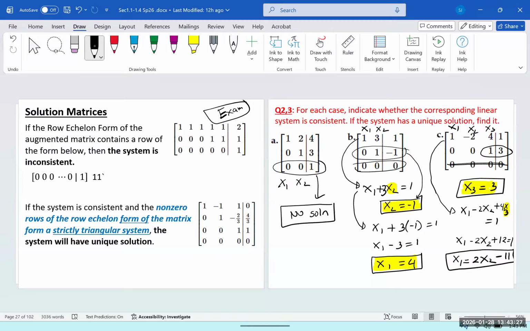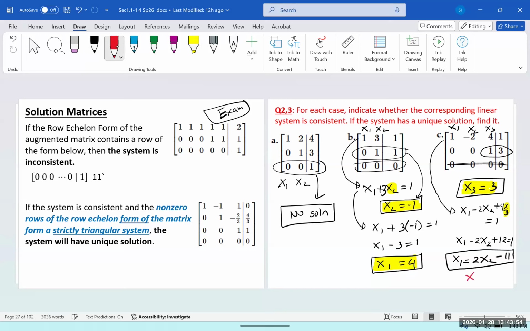So is x1 free or is x1 a leading variable? If you look here, is x1 a leading variable or a free variable? It's a leading variable. x1 depends on x2. What is x2? Do you have any number for x2? So x2 is a free variable.